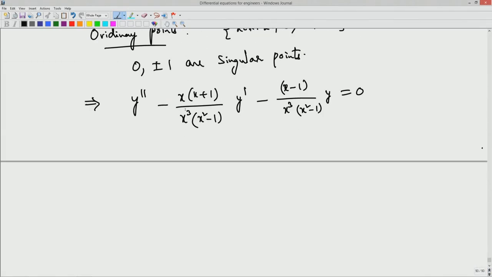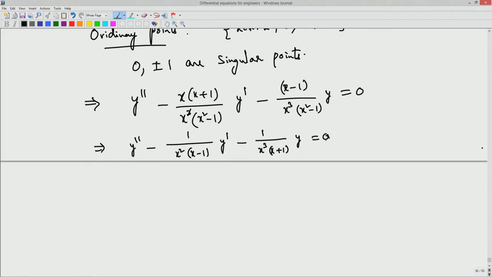This is actually y double dash plus, minus x goes, I have 1 by x square, and this becomes x minus 1 over this, y dash minus 1 over x cube into x plus 1 times y equal to 0.